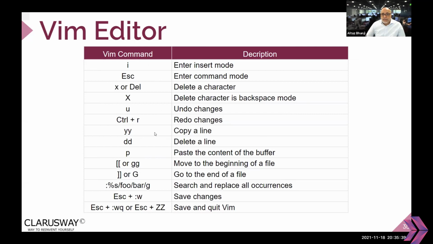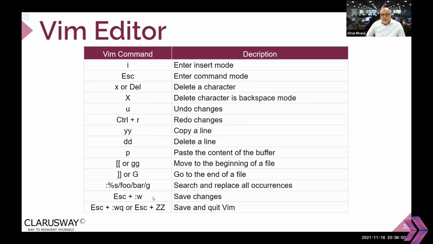It copies a line, and then DD will delete the line. And then P will put the line, or paste the buffer back. To go to the bottom or the top of the file, you can use these square brackets twice, or you can use GG or G. And then this is the command if you want to search.